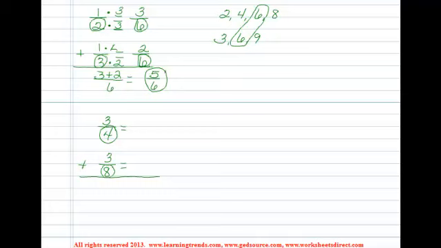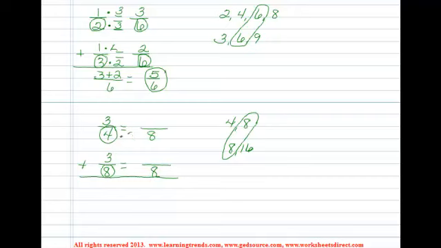So the first step is that we need to find an equal fraction with a common denominator, and we're going to find multiples of 4 and 8, and more than likely you've already seen that we can use 8 as our common denominator, because it is a common multiple of 4 and 8.